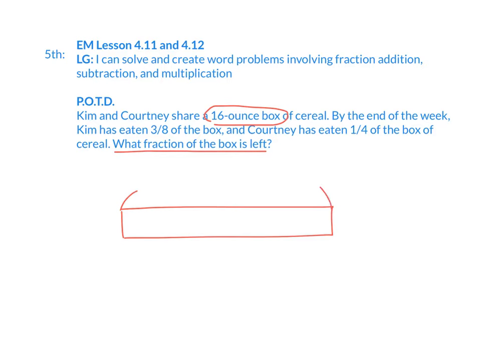We note that to start out, there were 16 ounces. You'll notice I'm drawing a picture. Don't forget that every time we solve word problems, we have to RDW, read, draw, and write. Okay. By the end of the week, Kim ate 3/8 of the box. So to show how much Kim ate, I have to divide the whole box into 8ths and show that Kim has eaten 3 of those 8ths.